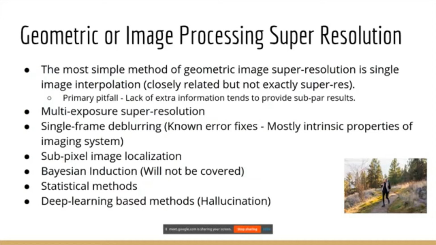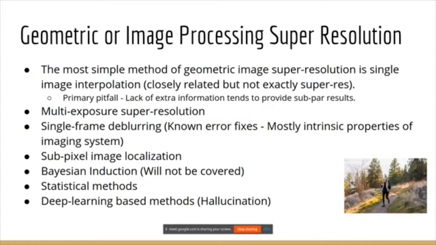Those are camera intrinsic properties that once you measure how it's affecting, you can always revert back. That is the kind of errors or fixes that can be done in single frame deblurring.